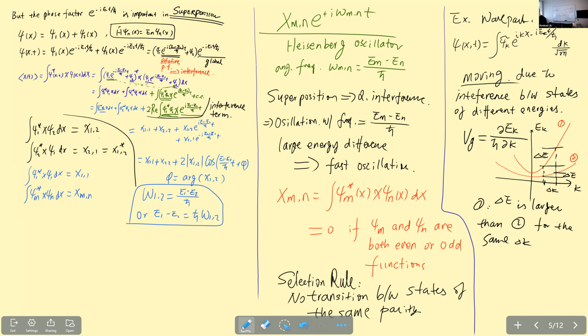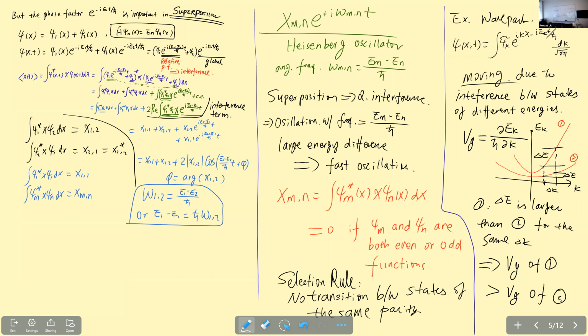So that means the change of the wave packet in case 1 will be faster. We say that if you have a larger energy difference, you're going to have faster changing. So that means the group velocity of 1 should be greater than the group velocity of 2.